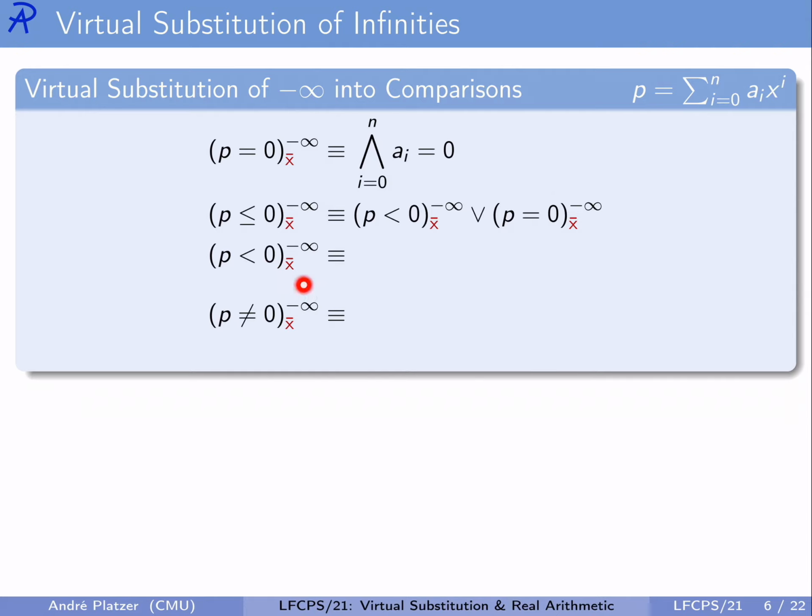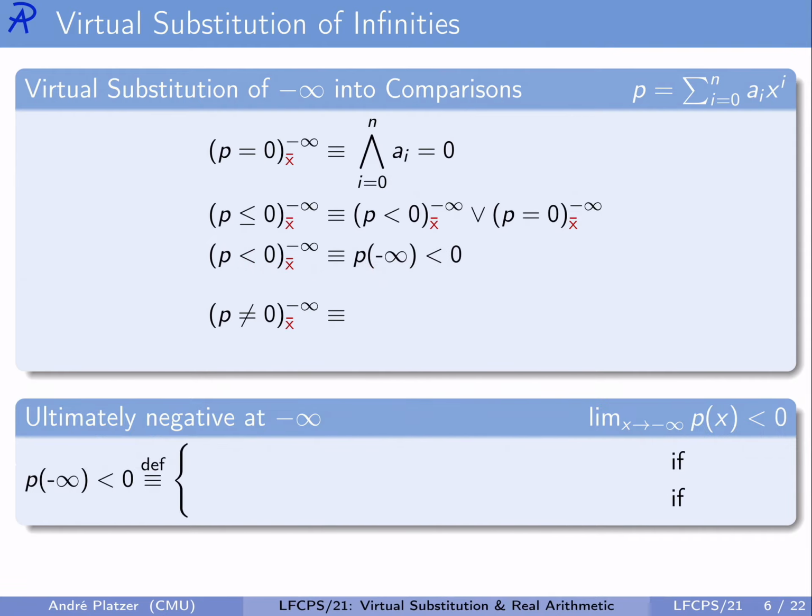How do we plug in minus infinity for x? That's essentially the question whether the polynomial will be negative for infinitely small numbers. How about I punt on that for now and just call the definition p of minus infinity is less than 0, which is an augmented definition, no worries, and we will define it somehow later on.